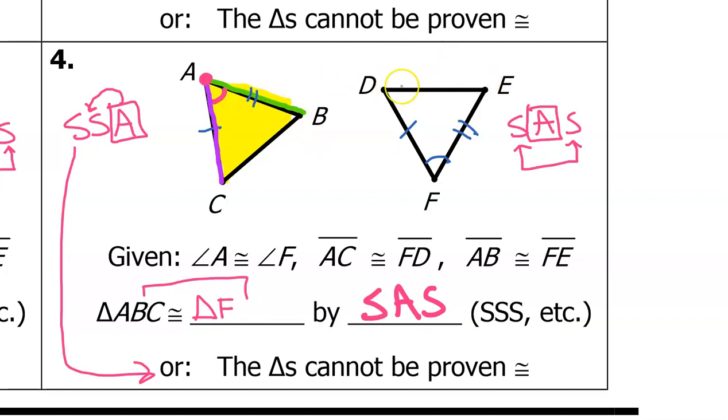Which one of the remaining angles touches the double mark? Is it D or is it E? All right, so hopefully you can see that it's angle E that touches the double mark. So that's why I'm going to put angle E next. And so I've got FE, so that only leaves D.